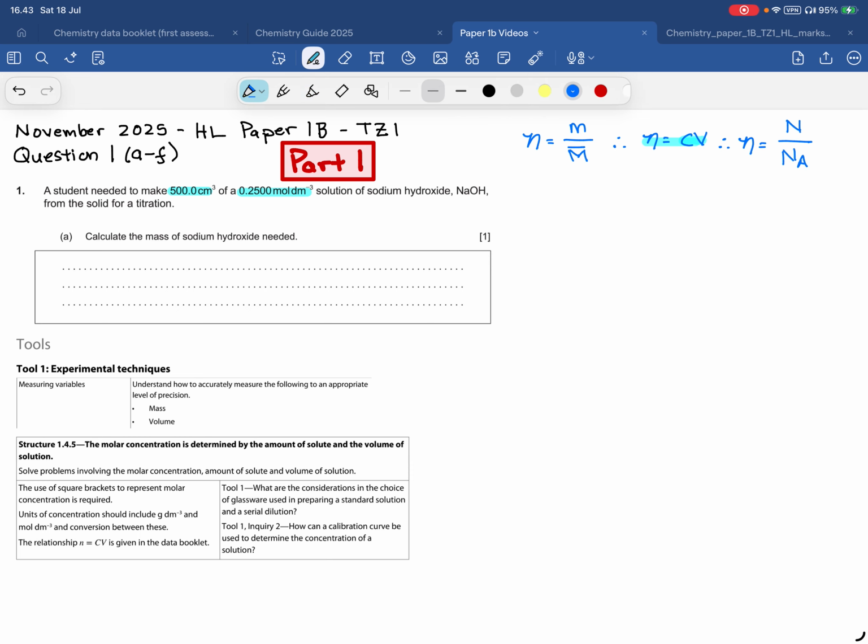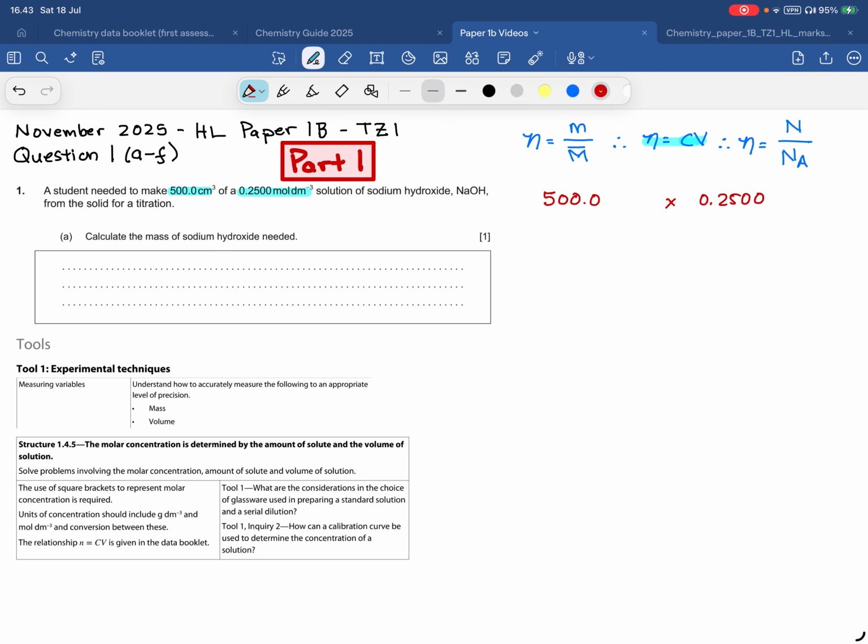Now remember, when you're actually doing calculations inside the test, you do not get any extra points for showing the units. However, if you don't show the units for yourself, sometimes you can mess up. For example, if you did this, and I'm going to put it in red because you should not do this, if you took 500 and you multiplied it by 0.2500, that is not going to do it for you.